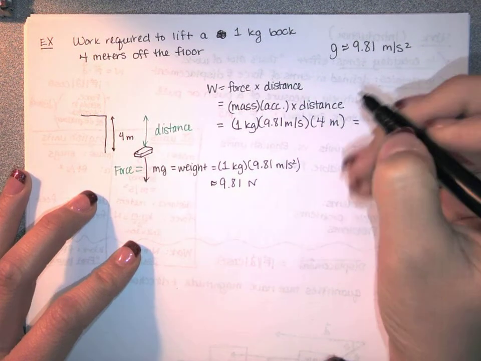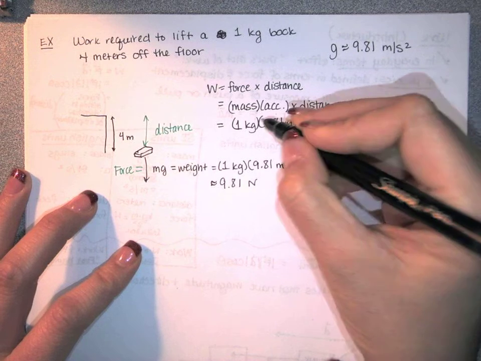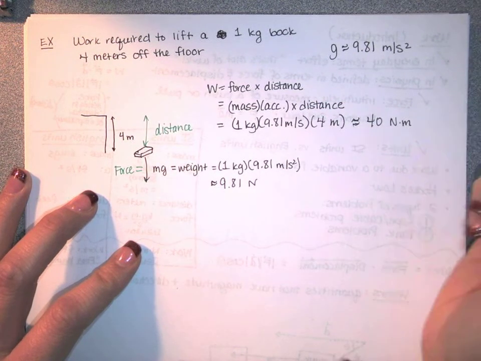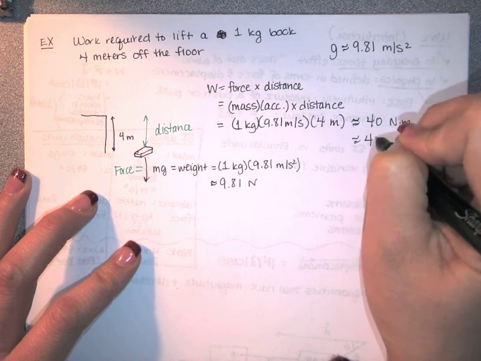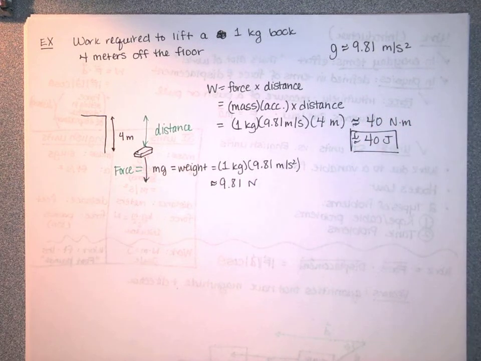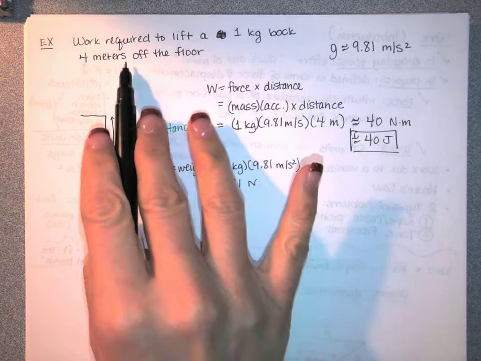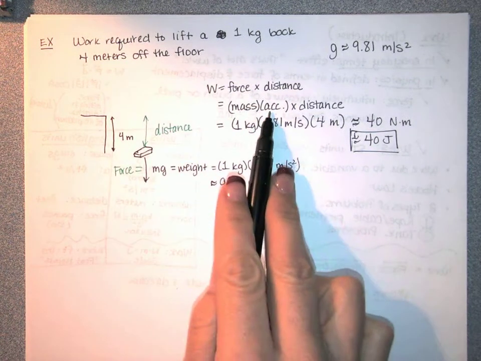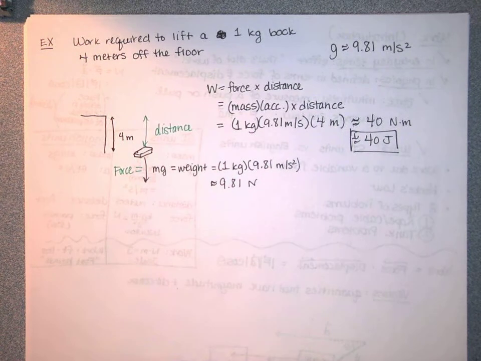I'm just going to estimate. This is a very rough estimate. So if that's 10 times 4, it's about 40 newtons times meters, and a newton meter is a joule. So it's about 40 joules of work required here. So this is actually very simple. It doesn't require calculus. I just do force times distance, and that's it.